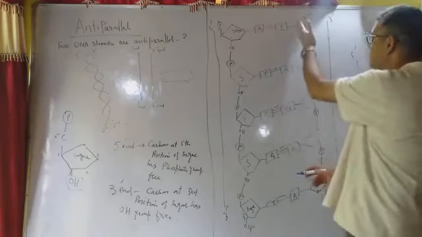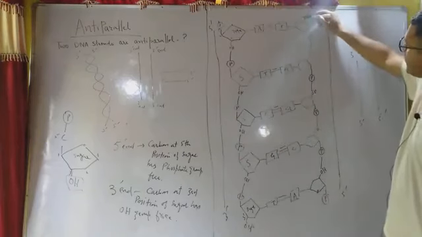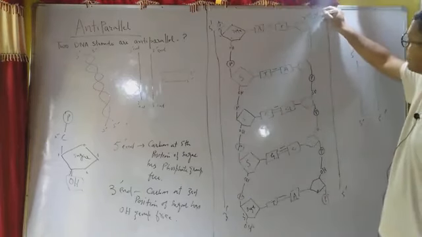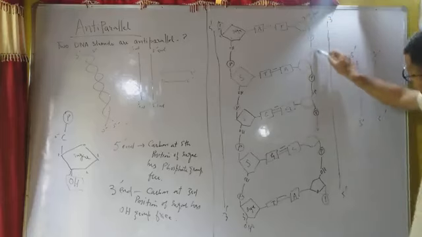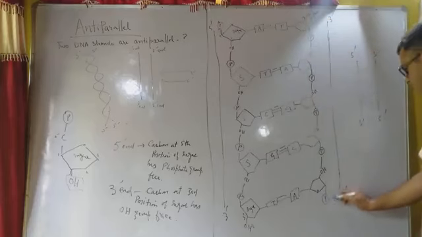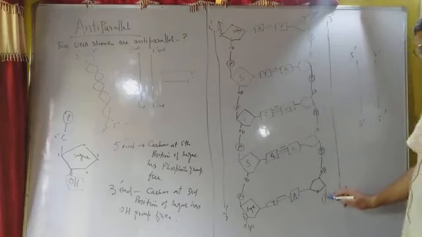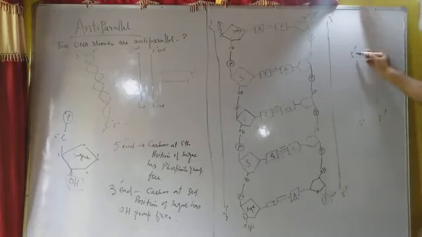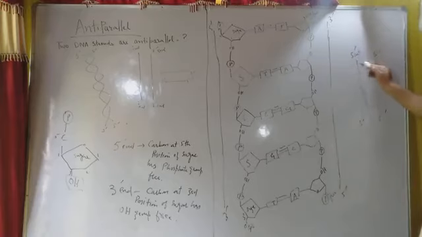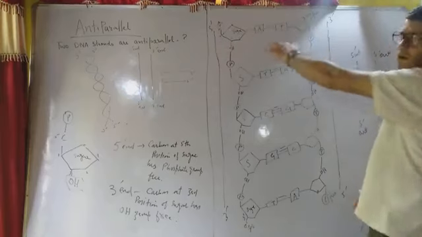In the other strand, we have a free hydroxyl group at carbon third of the sugar at one end, and in the same strand we have a free phosphate group at the carbon fifth of the sugar. So we say that this is 5 dash end, this is 3 dash end. So this can explain the 5 dash end and 3 dash end of the DNA.